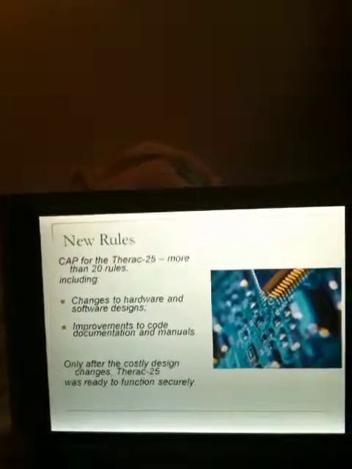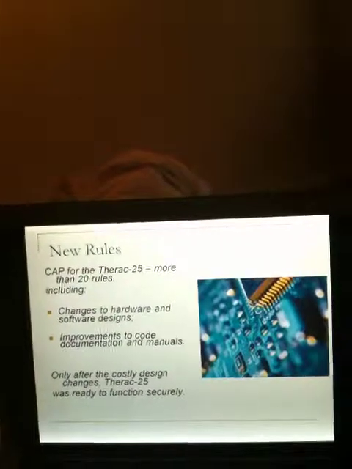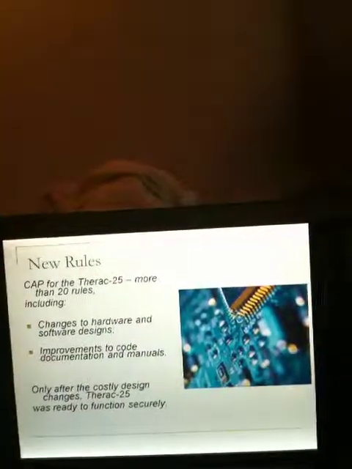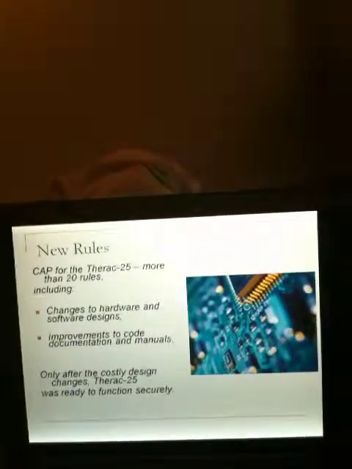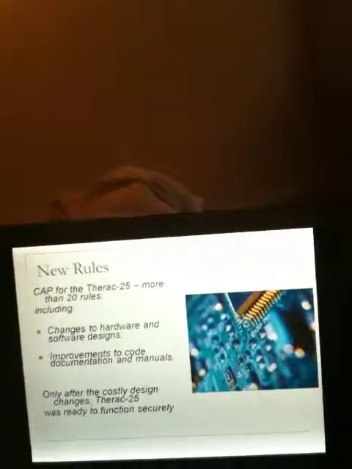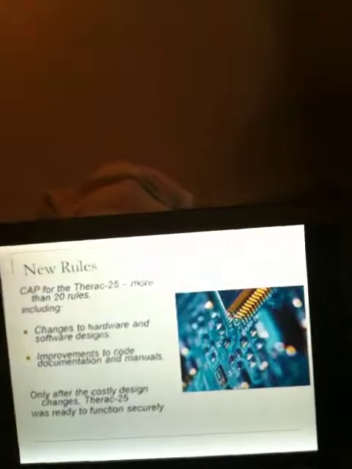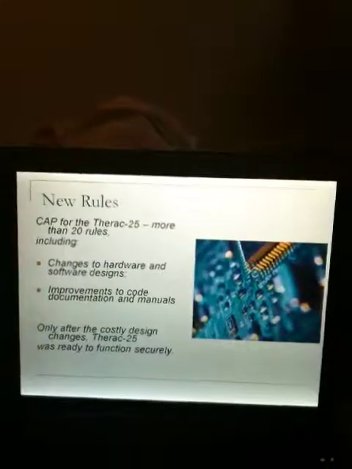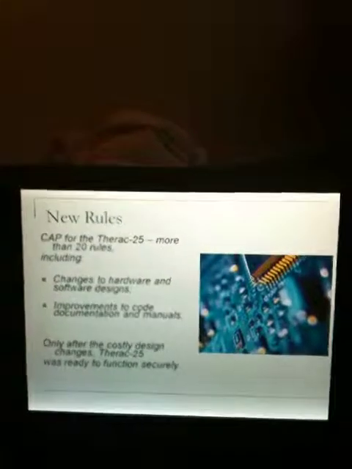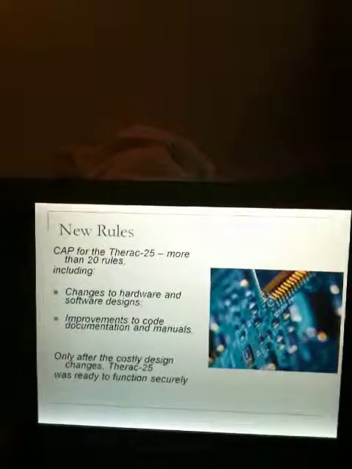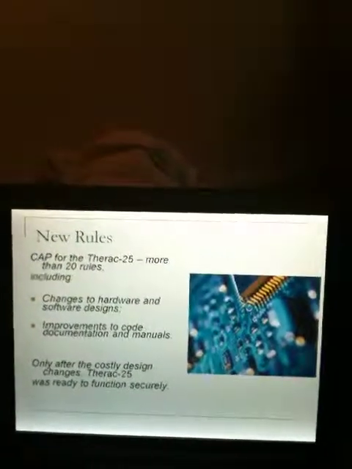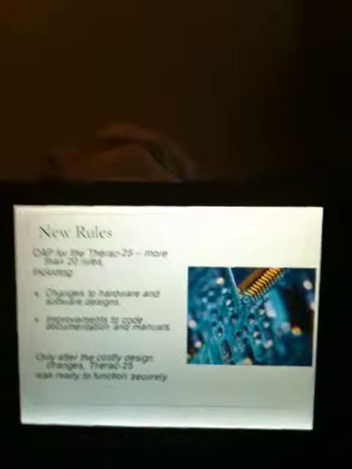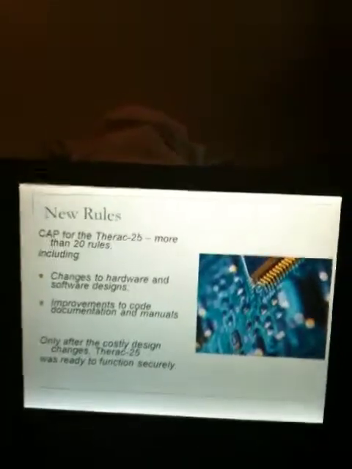Of course, I'm not going to go through all of them here, because they are not all important to us. But the most important ones are to make changes to hardware and software designs on the Terra 25 project in order to comply with basic hardware and software design recommendations for large-scale projects, and also to make some improvements to code documentation, which was reported to be pretty bad on the Terra 25 project, and to the manuals as well.